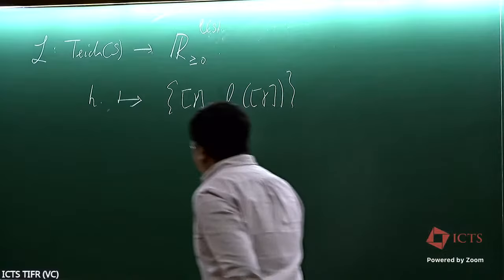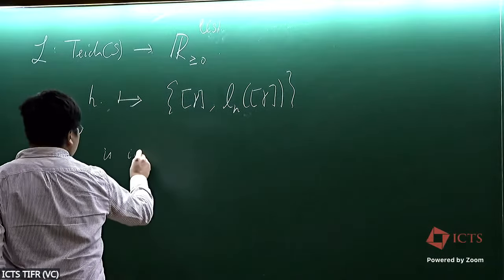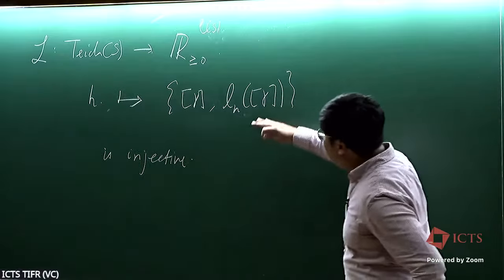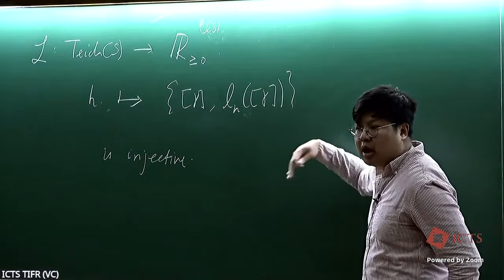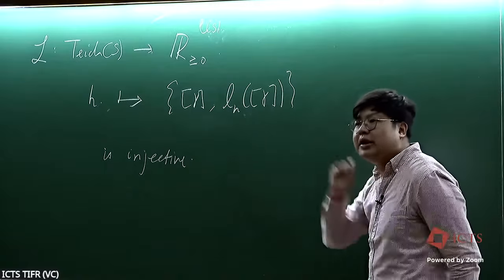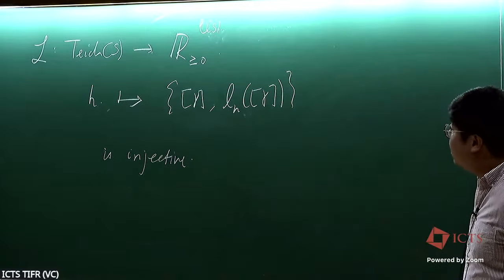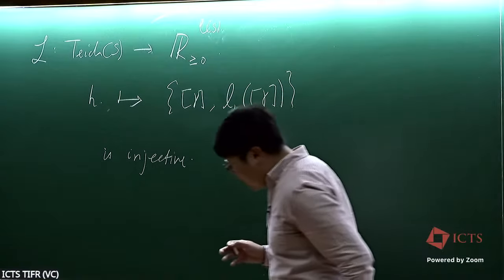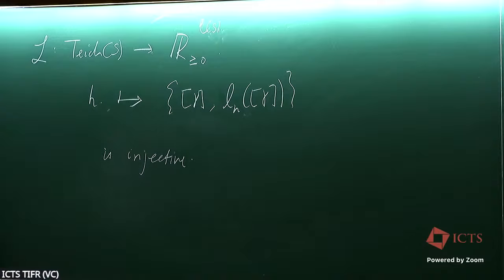Well, it turns out this map is injective. Which means that once I know the length spectrum of my hyperbolic metric, I've nailed down exactly which hyperbolic metric. And this is rather surprising because, again, if you think about what a hyperbolic metric is, it's a Riemannian metric.